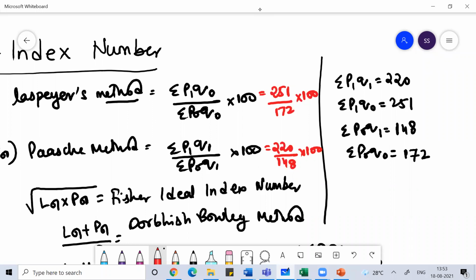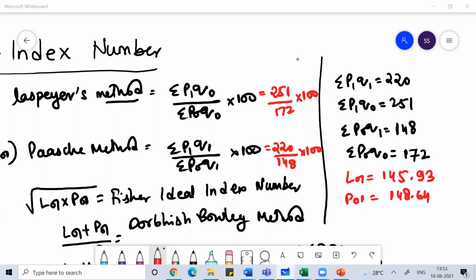Anyone, any doubt? Afra is telling Laspeyres is 145.93 and Paasche is 148.64. Everyone got this value?